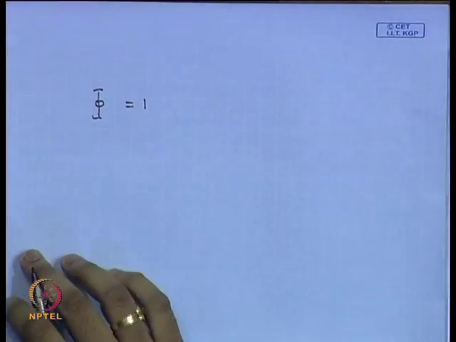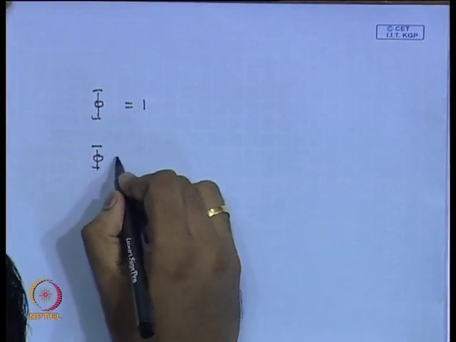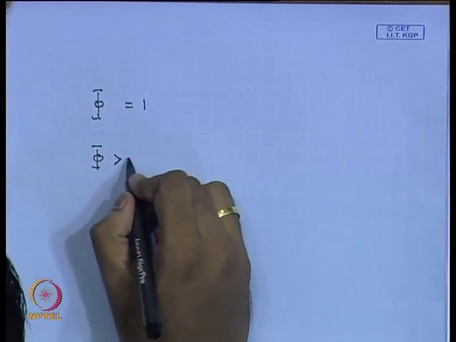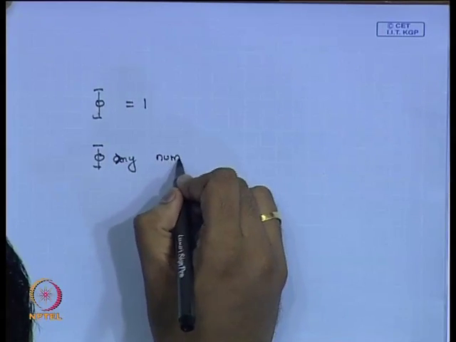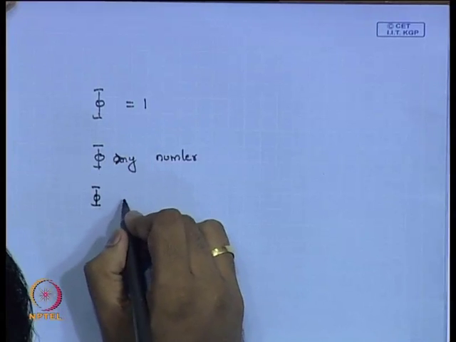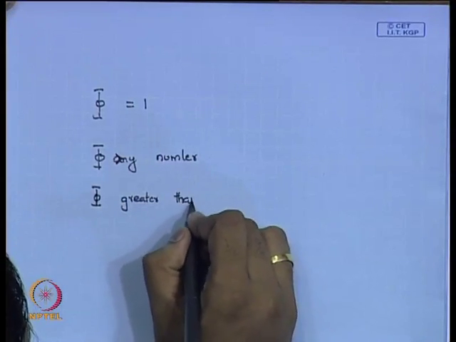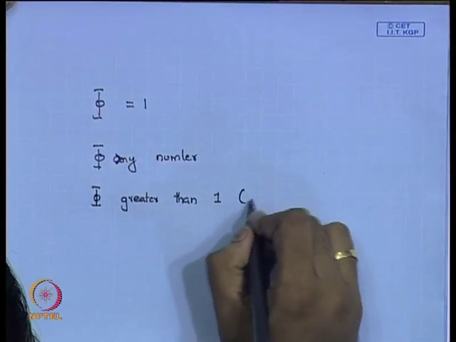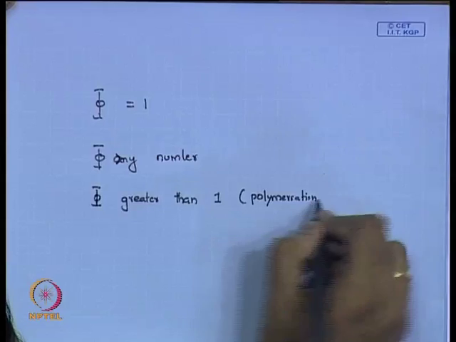So the quantum yield can be any number, and greater than 1 you can observe in polymerization reactions or chain reactions.